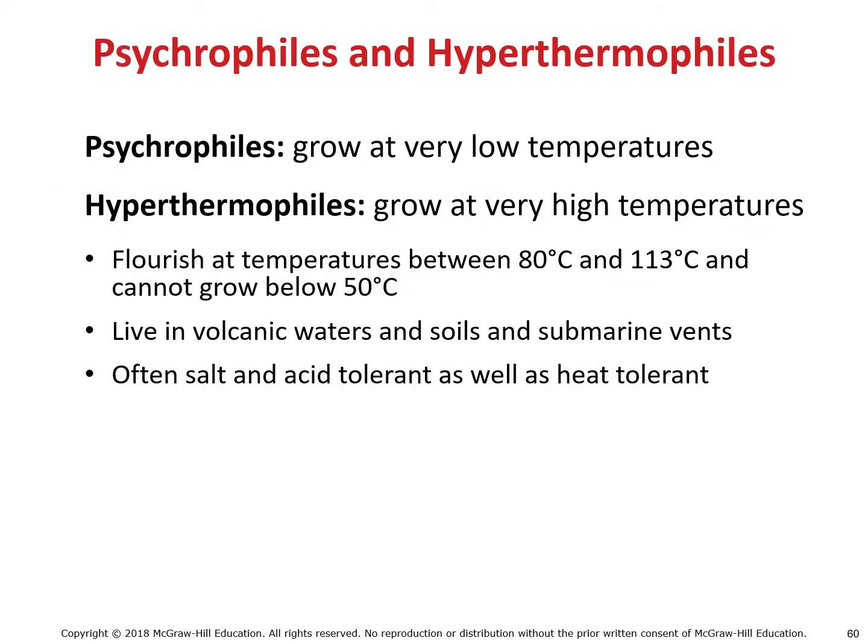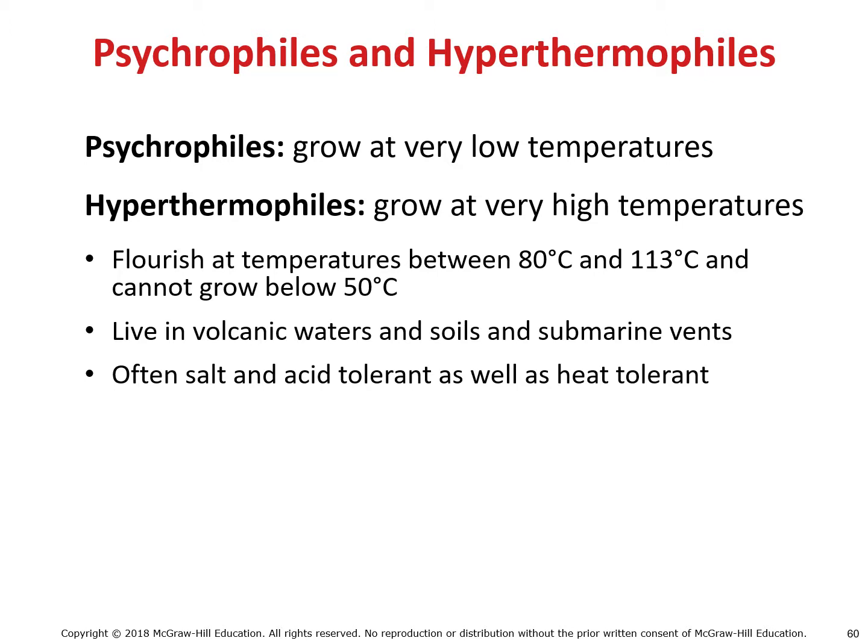Psychrophiles and hyperthermophiles are two things we should discuss. This is basically extremes in temperature. If you like it really cold, you're crazy, right? Or psycho. So an easy way to remember psychrophile is they love extremely cold temperatures, very low temperatures, typically close to freezing.